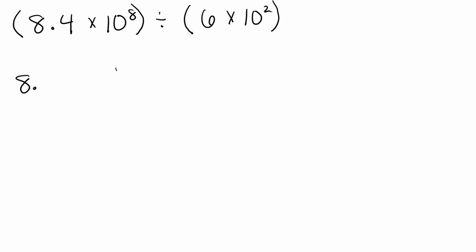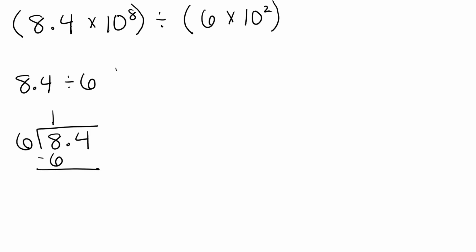Now, if you are not sure what 8.4 divided by 6 is off the top of your head, which I am not, we set up a long division problem. The 6 goes on the outside, the 8.4 goes on the inside. 6 can go into 8 one time because 6 times 1 is 6, which gets us close to 8. We have 2 left over.